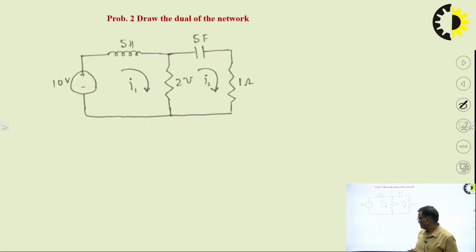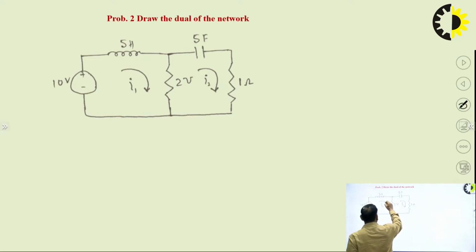Suppose we try to explain the procedures with the help of some examples. Here we can see that there are two independent loops. So, two meshes, say these meshes are oriented in clockwise direction. Then we mark mesh 1 and mesh 2, and outside this we can have a reference node.